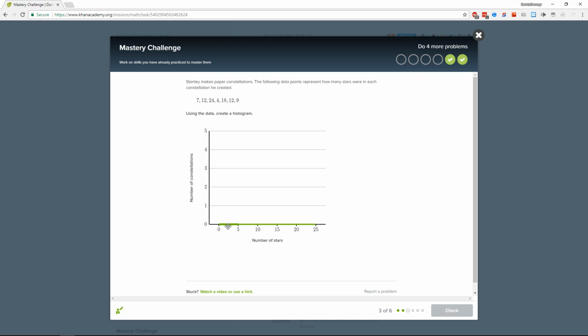Create a histogram. Number of constellations. Represent how many stars were in each constellation he created.